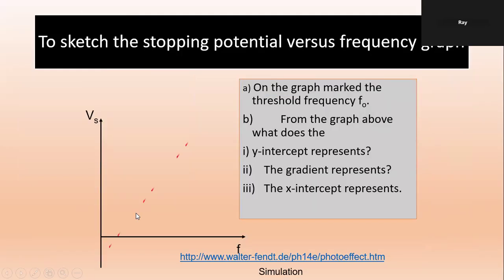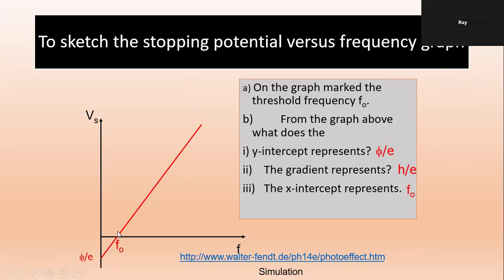So the graph is still the same, except we call it Vs against frequency. The gradient is different and the y-intercept is different. You divide by e, that's all: work function divided by e.